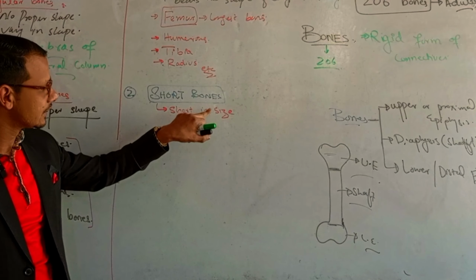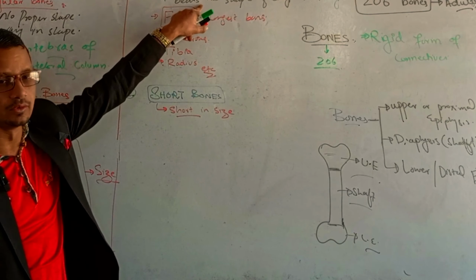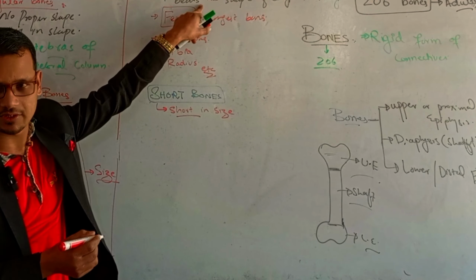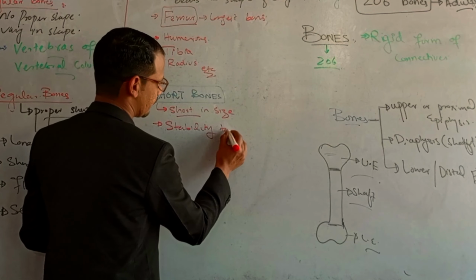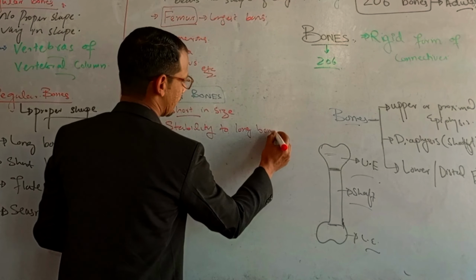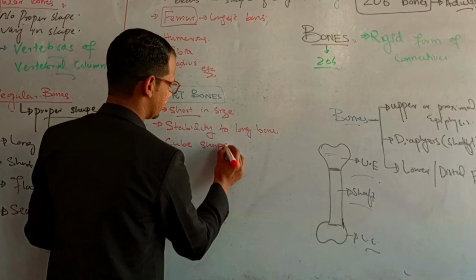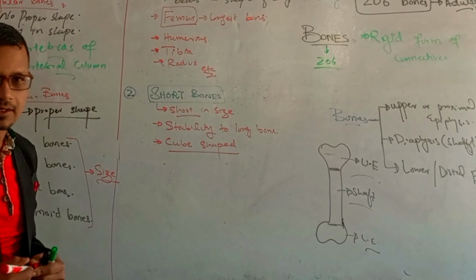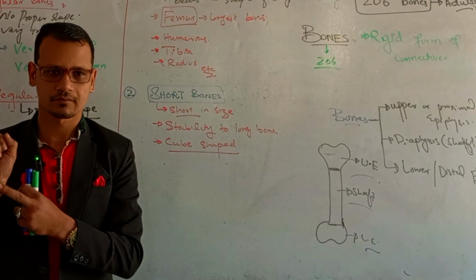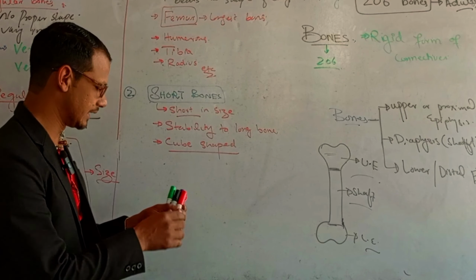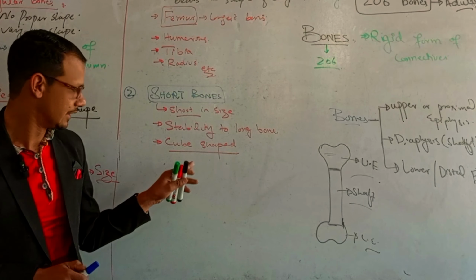The main function of short bones is that they give stability to long bones. Basically they are cube shaped. For example, we have carpals, or tarsals in the ankles, such as triquetrum and scaphoid. They all are short bones.